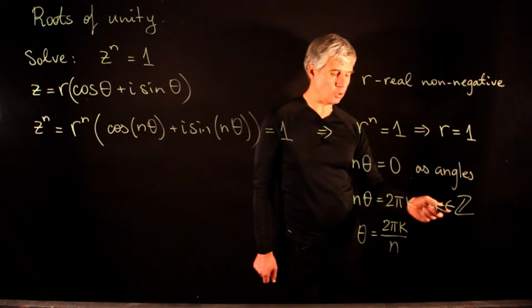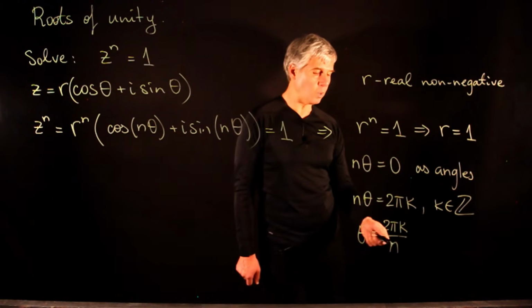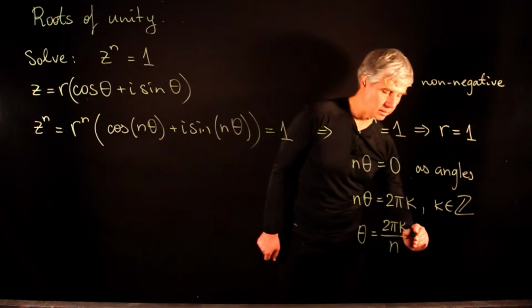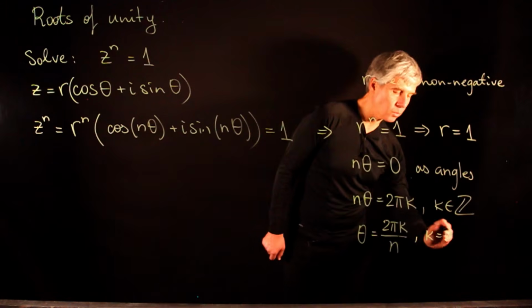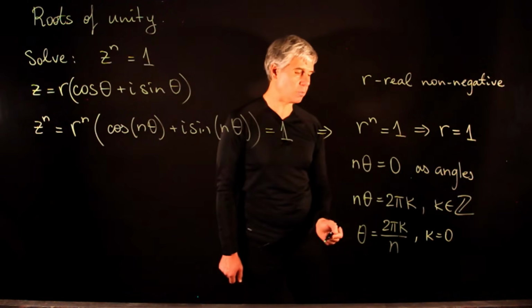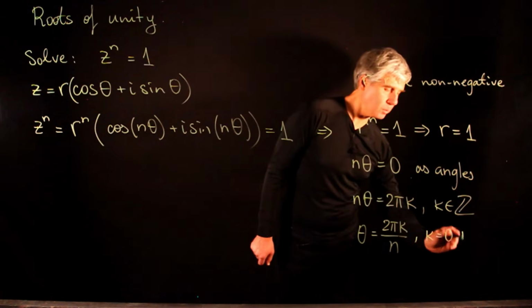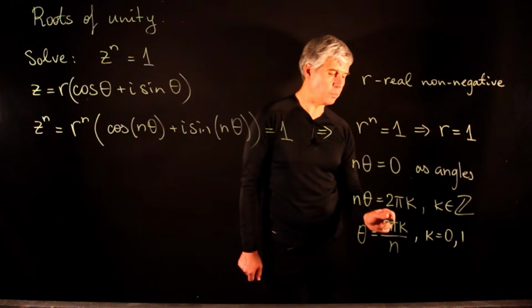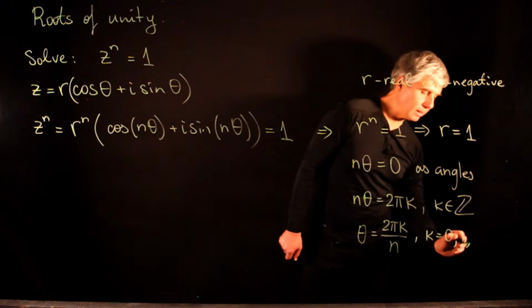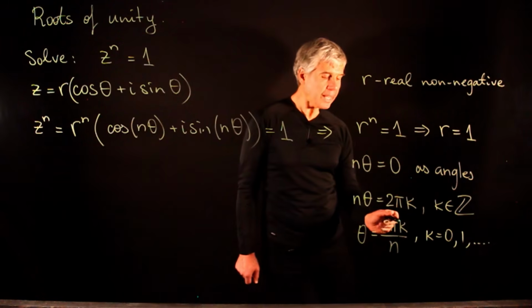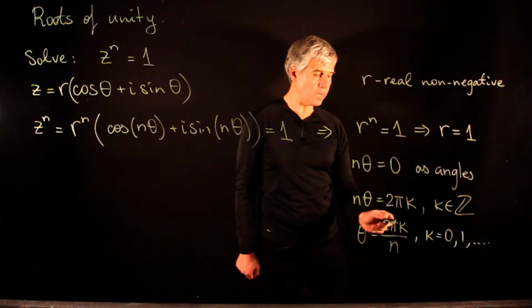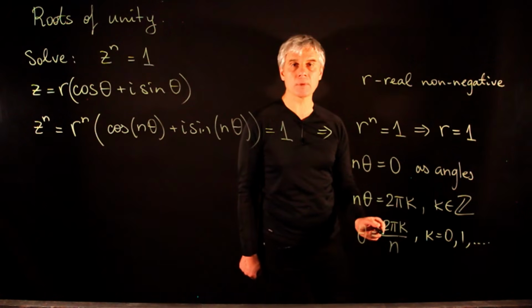Here k is an integer, but how many unequal angles will this give us? If k is equal to 0, this will give us theta equals 0. If k is equal to 1, this gives us 2 pi over n. But if we go up to k equals n, then we will get 2 pi n over n. That's the same as 2 pi.